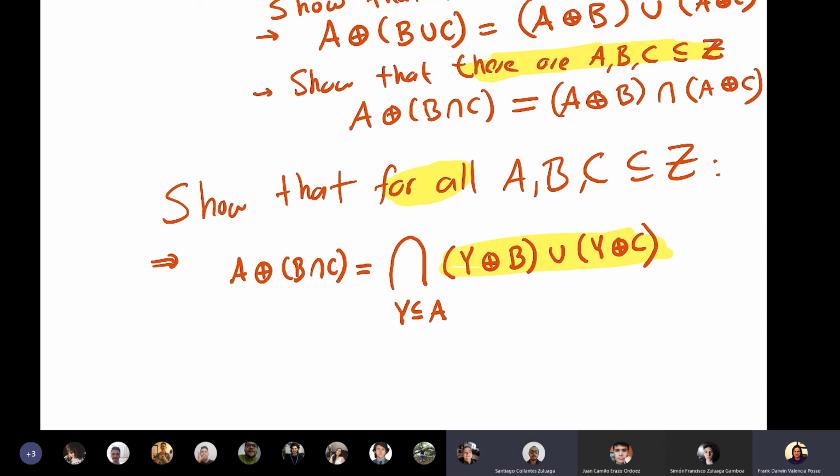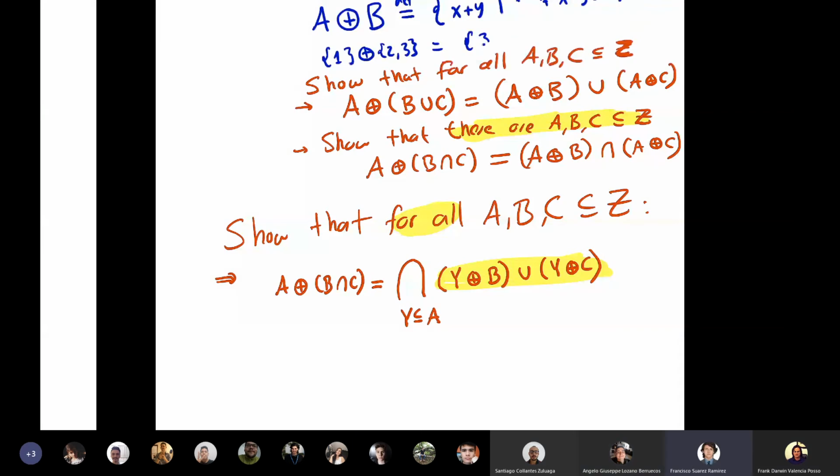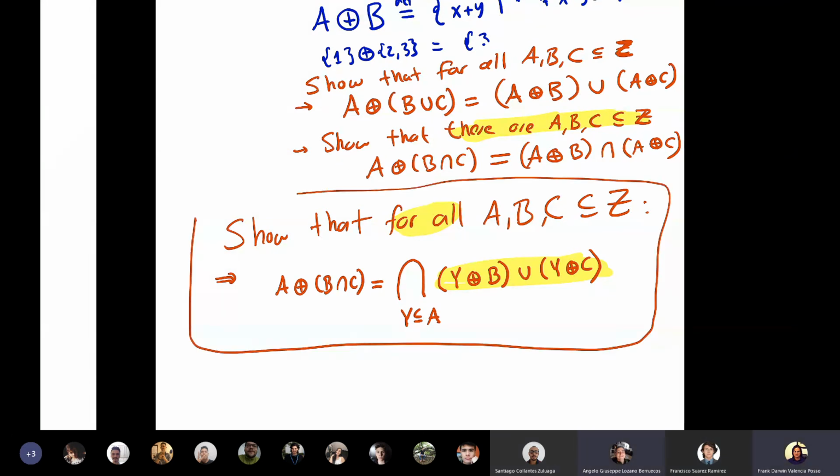Profe, en la segunda, perdón. Are you going to exonerate anyone that does that, or only the first one? No. I mean, these ones are easy. This one is not that easy. So only the first one?